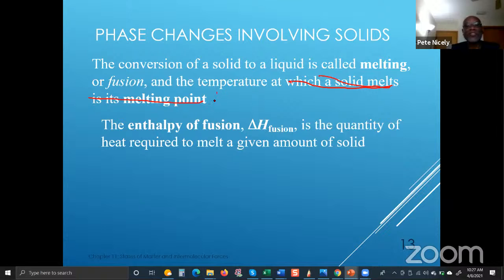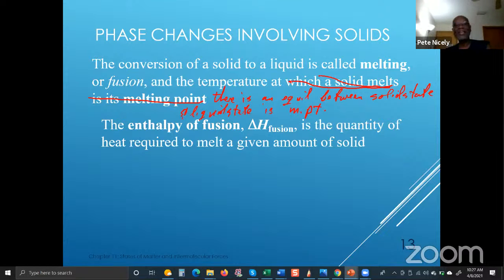The temperature at which there is an equilibrium between the solid state and liquid state is the melting point, all right? So that's the actual definition of the melting point. It's a temperature at which you have an equilibrium between the solid state and the liquid state, all right?